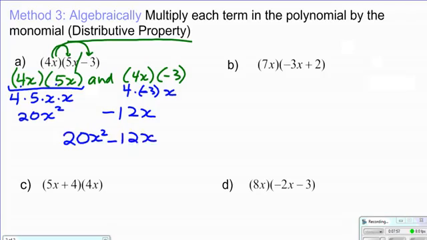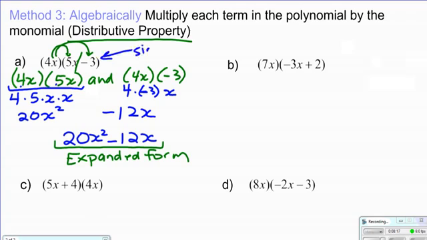Okay? So sometimes when we end up multiplying like this, we create what's called expanded form. And so what we started with is called simplified form.